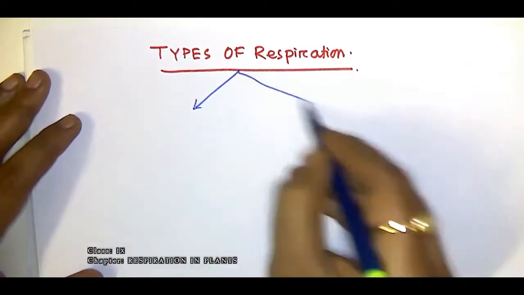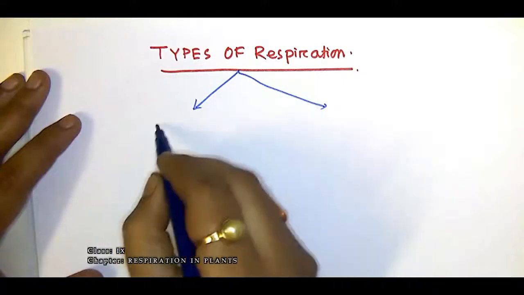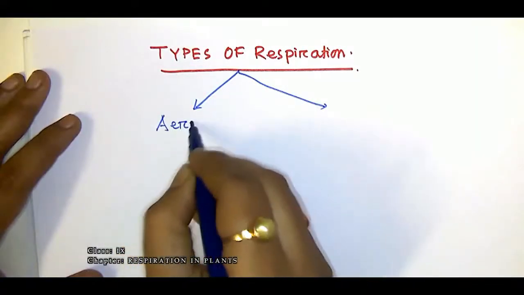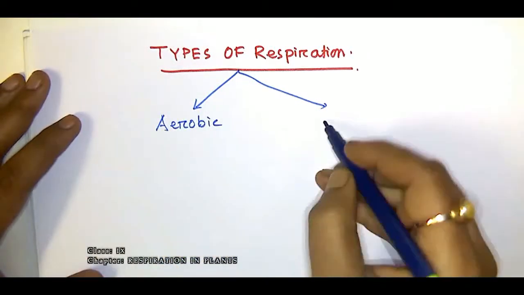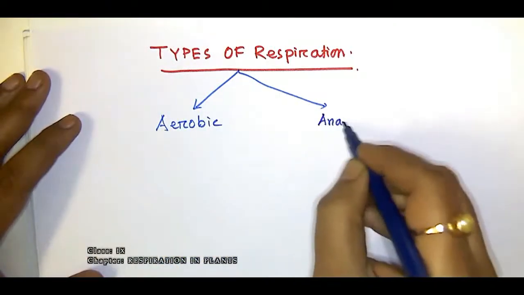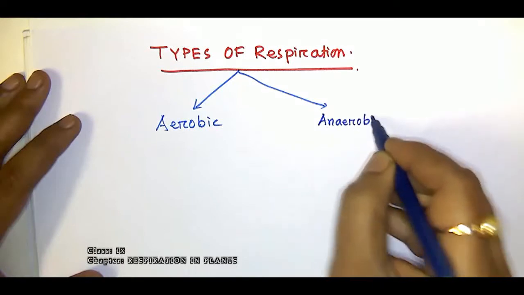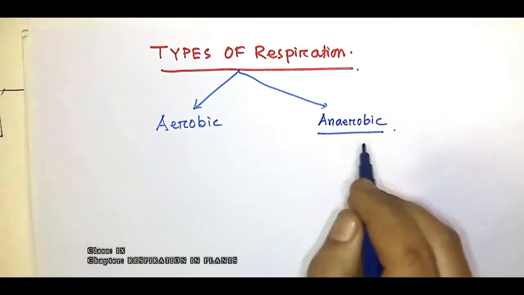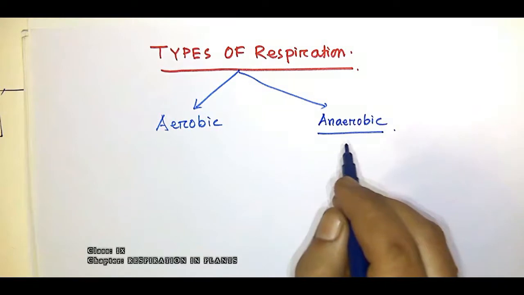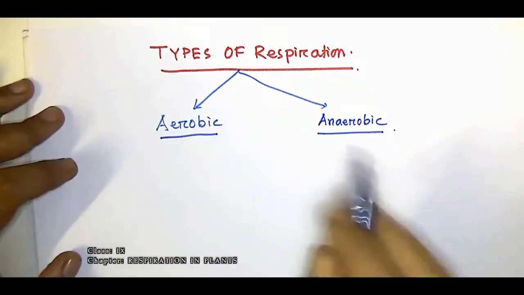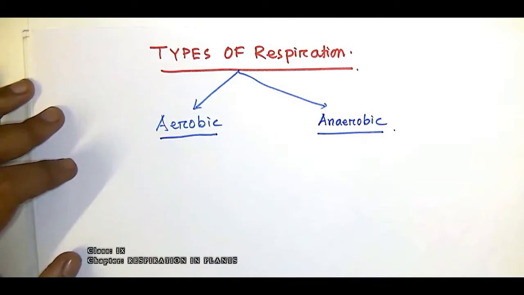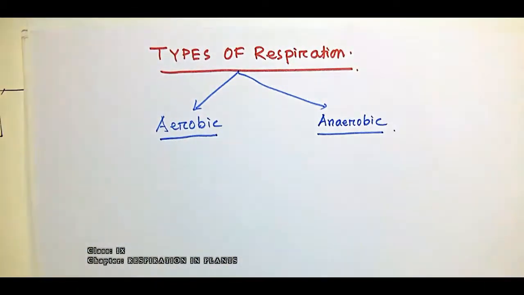Yes. What are those? The first one, we can talk about as aerobic respiration, and the second one, anaerobic respiration. Right? These are two vital processes which we have heard of in our lower classes. I believe you remember. So let's recall.